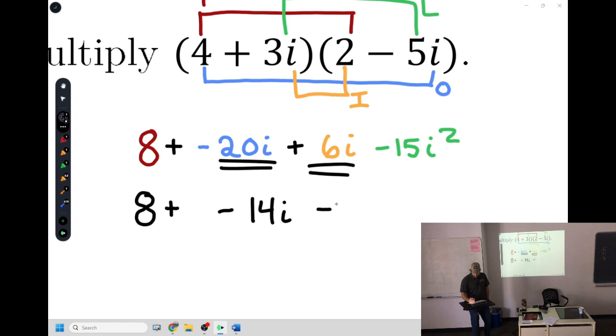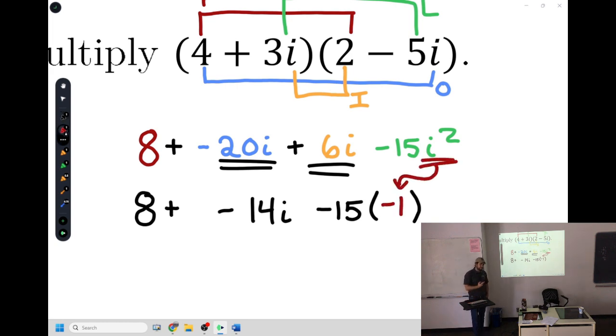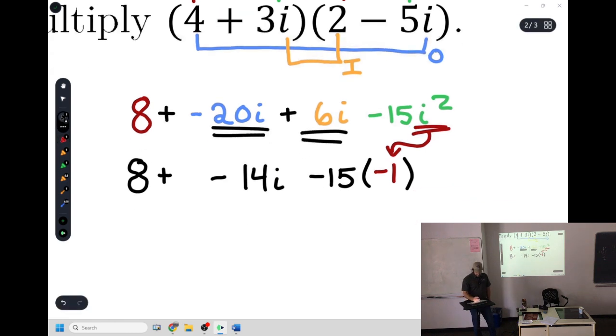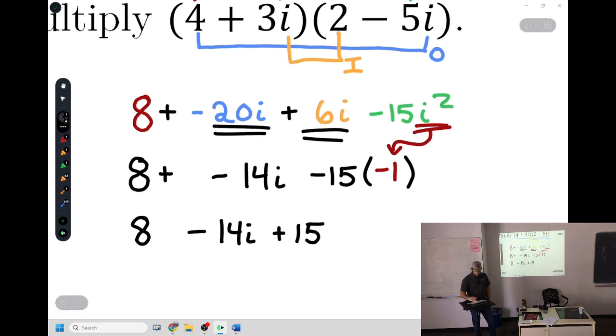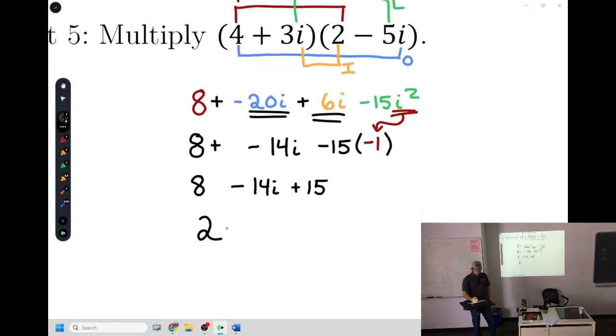Minus 15 times, and I told you this is coming back for us. i squared is actually just negative 1. So now we're looking at 8 plus, I'm going to go ahead and say minus, because plus and negative is just subtraction. Plus 15. And now we're looking at 23 minus 14i.